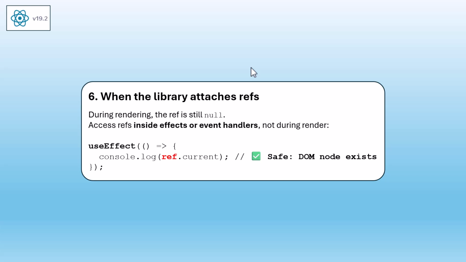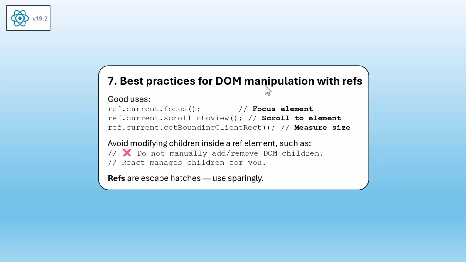7. Best practices for DOM manipulation with refs. Refs are best thought of as escape hatches. Most of the time you do not need to reach into the DOM directly. Your component should express its UI declaratively and let the library manage updates.